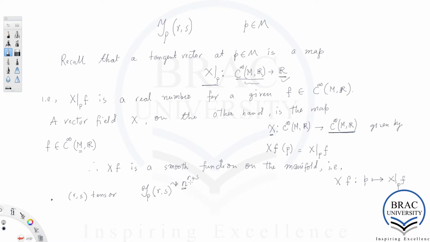So at each point P of M, we have a vector space of dimension n to the R plus S, and T restricted at P are vectors belonging to these vector spaces at each point P on the manifold M.